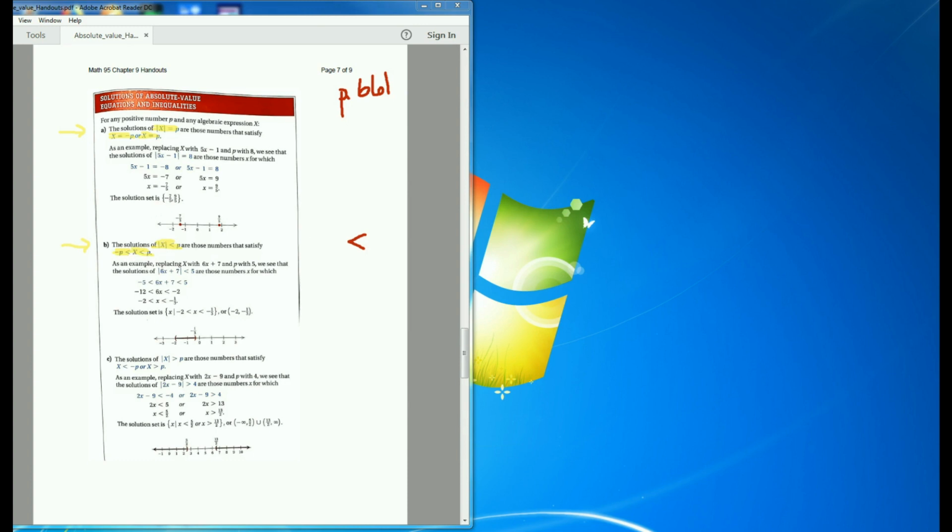Okay? And then the third case here is if you've got absolute value of some stuff is greater than a number. Then either the stuff is greater than that number or the stuff is less than the opposite, the negative of that number. Okay?